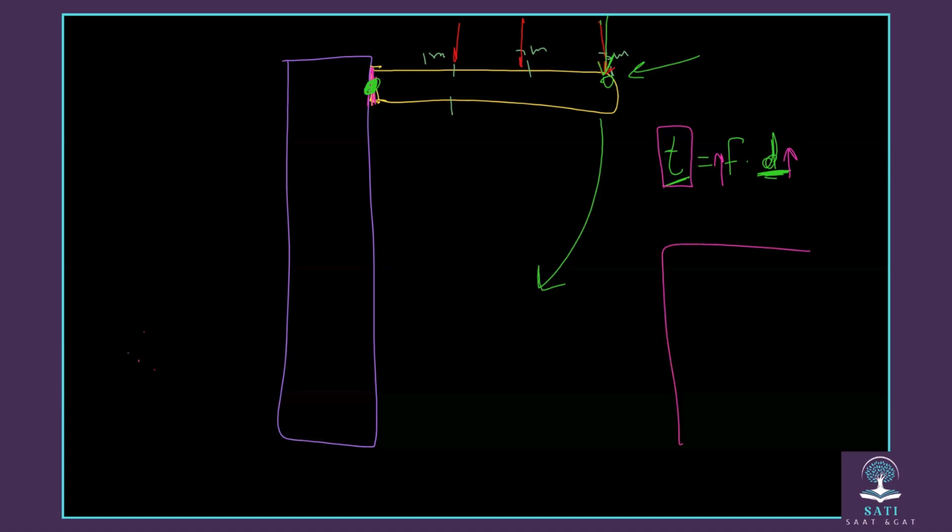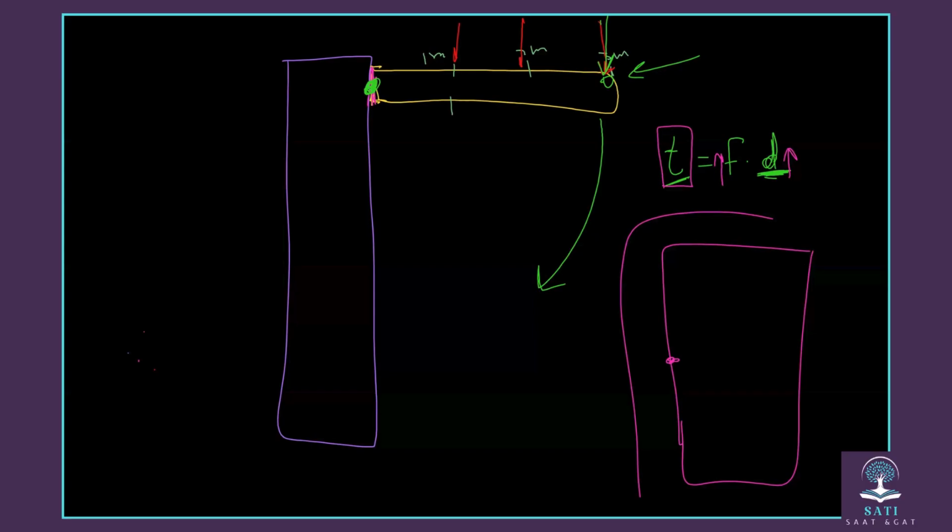Okay, another example for the torque. If I have a door, where do we put the handle of the door, where we grasp it to open it? Always we put it here, and the center of rotation is here. So we always push the door from this point or pull it from this point.